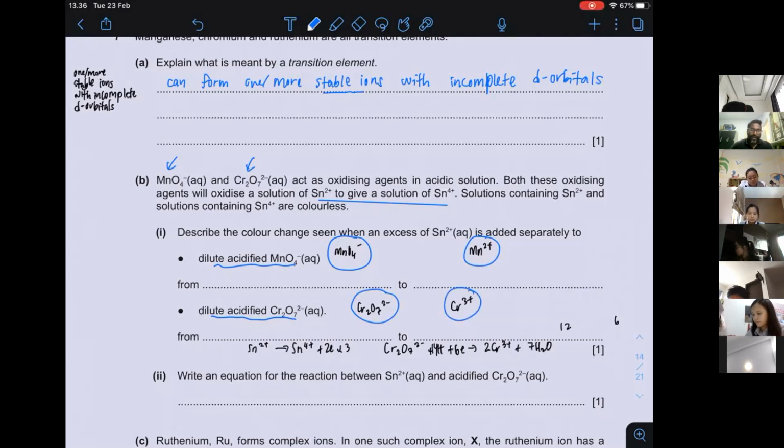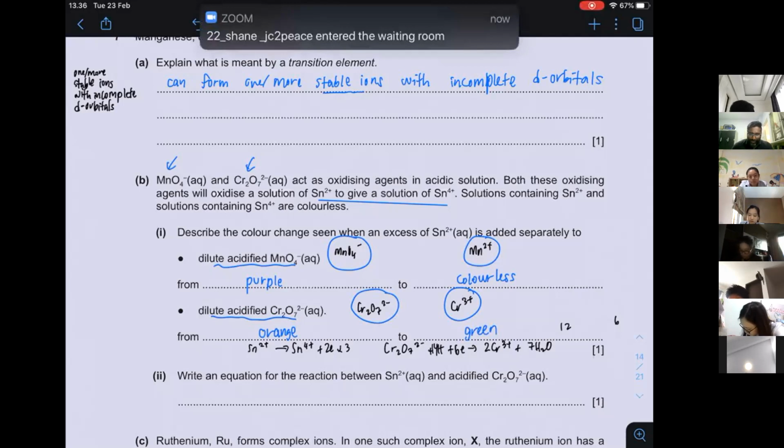It is very important to know the color change. Purple becomes colorless, and orange changes into green. Must remember.